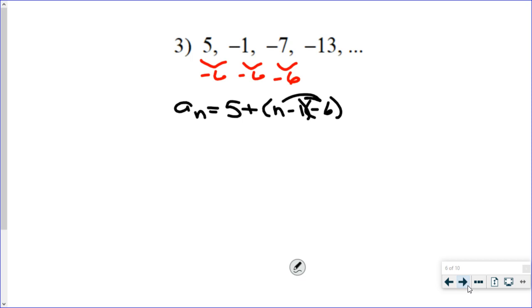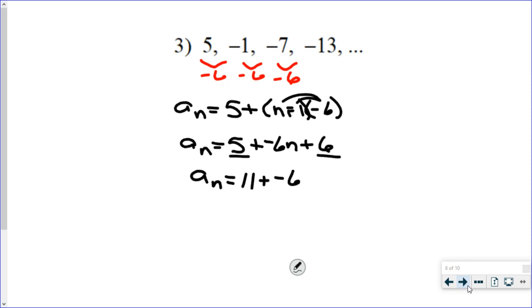Just be careful if it's a negative. If it's a positive, it's usually a little easier. Okay, distributing gives you negative 6n. Now a negative times a negative is a positive. Combine your like terms, and that's my explicit formula.